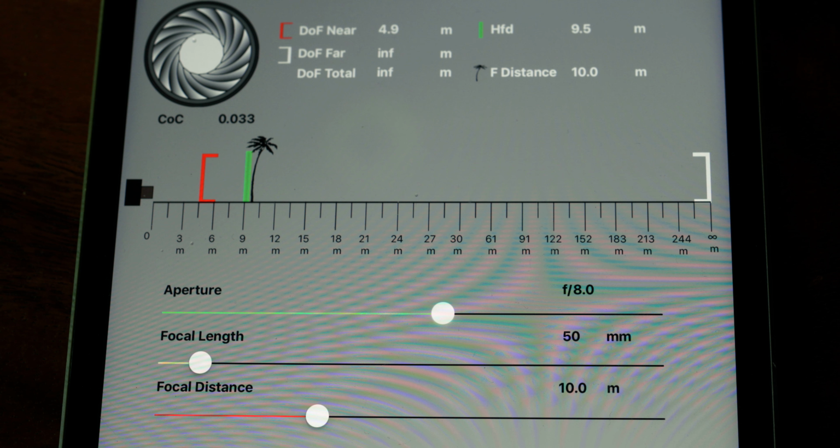Now, I will demonstrate how this can be applied using Leica lenses in my next tutorial, in which I will indicate how each of these settings are applied on the lens itself, so you don't have to go to this chart. But what I recommend to you is download this kind of application.